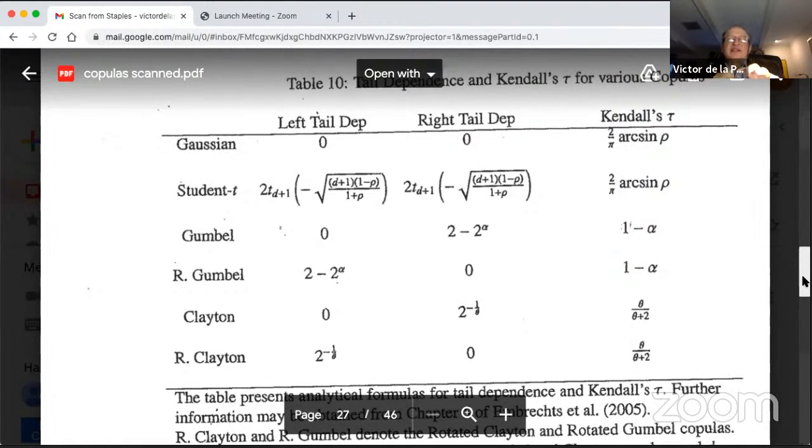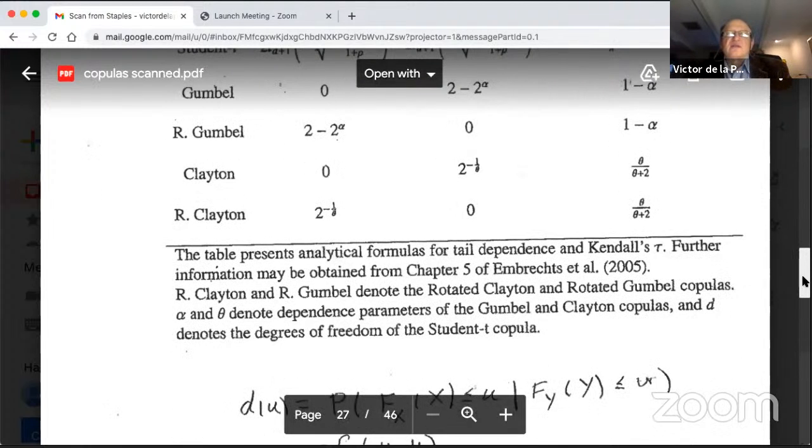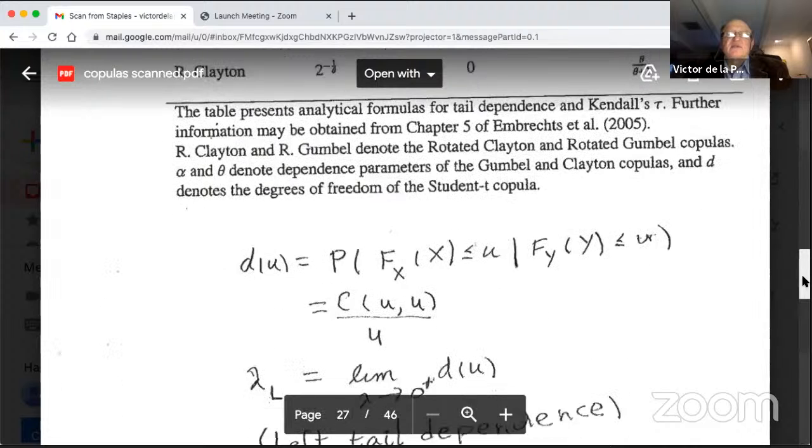Let's say that the scatter plot looks like a Gaussian copula. Okay, the copula associated with that is Gaussian. The question is, what type of Gaussian is it? Well, that will depend on rho. Different rhos give you different levels of dependence. And if rho is equal to 0, it's independence.